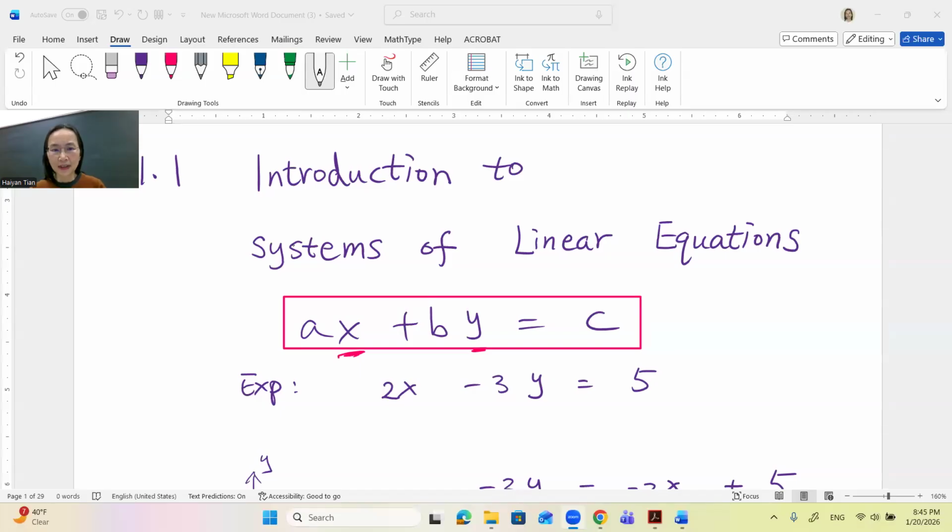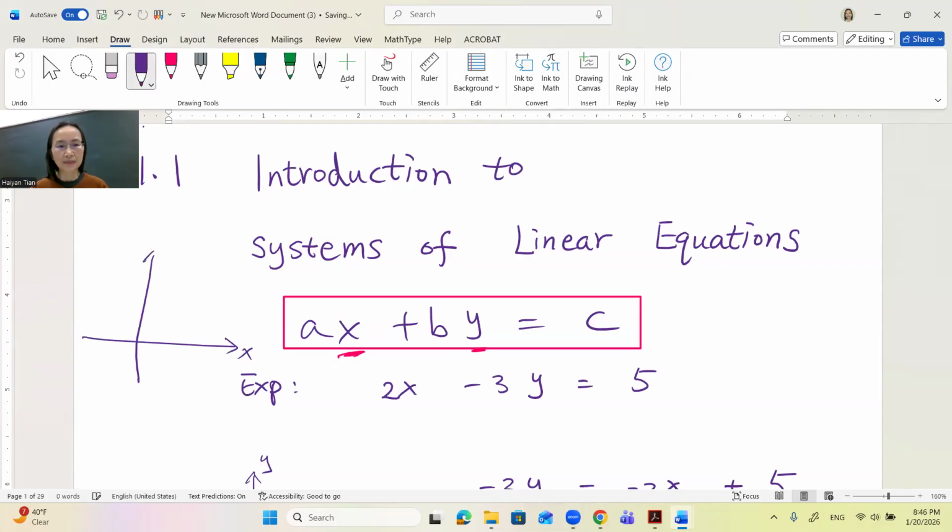Here in this introduction to systems of linear equations, I want to remark again that in the case of two variables, we can imagine the system in x and y.